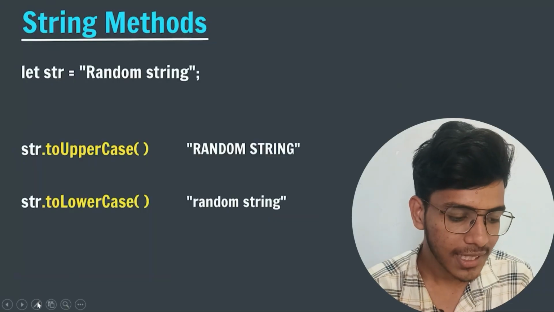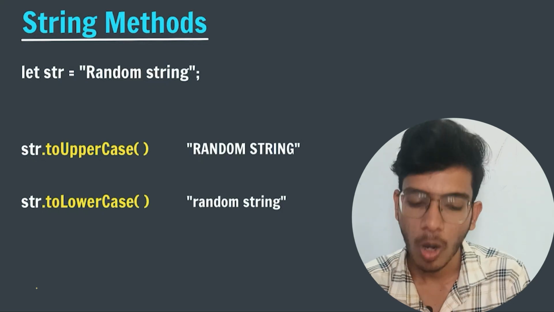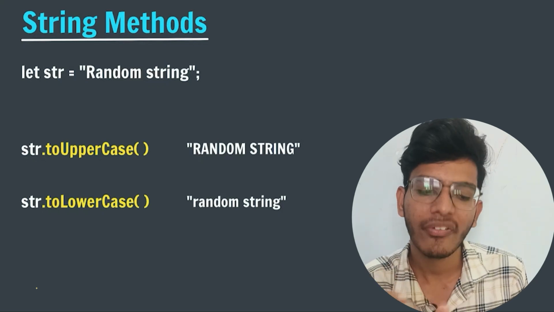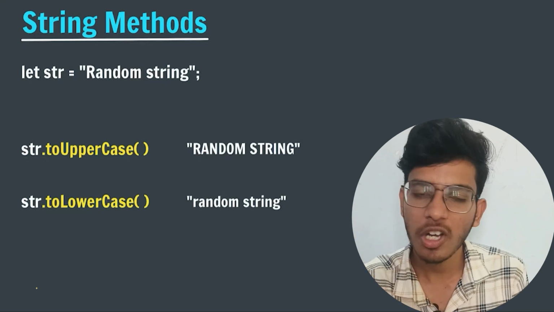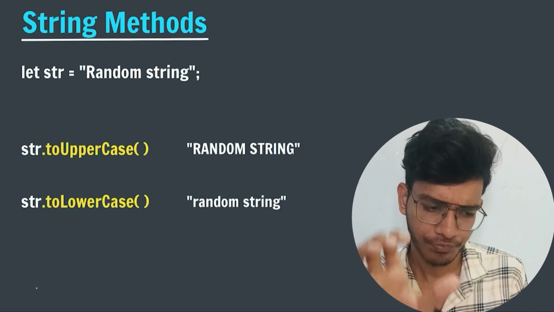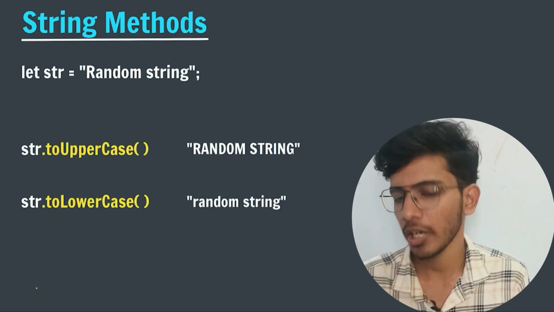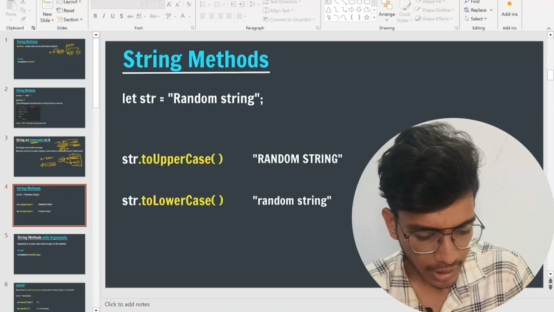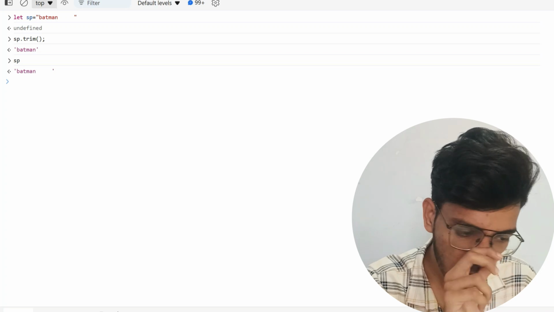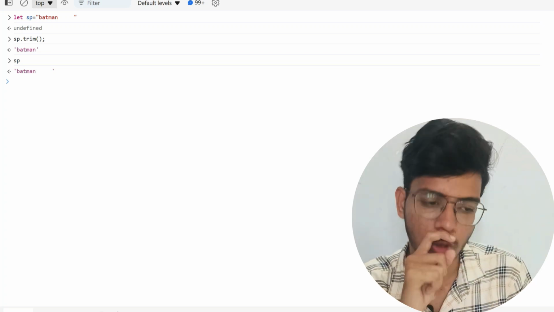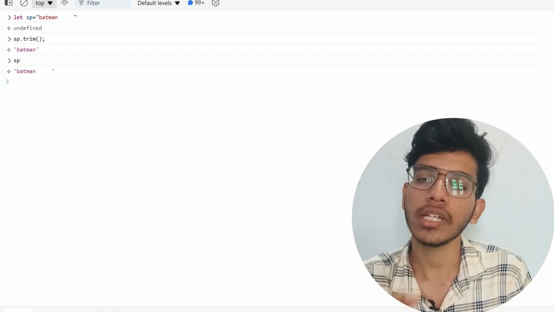Now the next method is, if you want to convert your characters into uppercase or lowercase, then we use functions called toUpperCase or toLowerCase. By using these functions we can make our string values uppercase or the corresponding lowercase. Let me show you how this will work. In the console here you can see that I have created sp is equals to Batman. Now I want to convert each and every character in sp to uppercase.